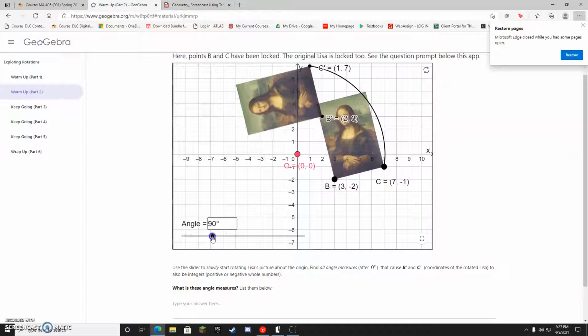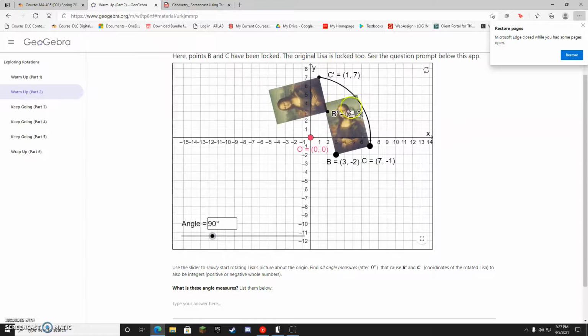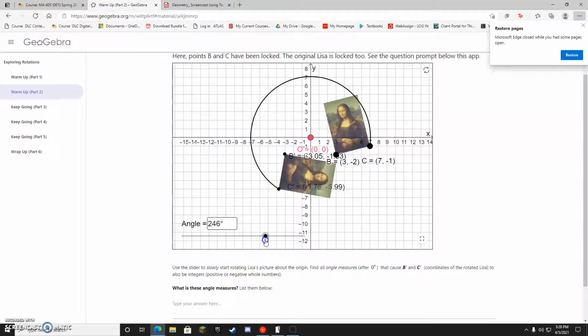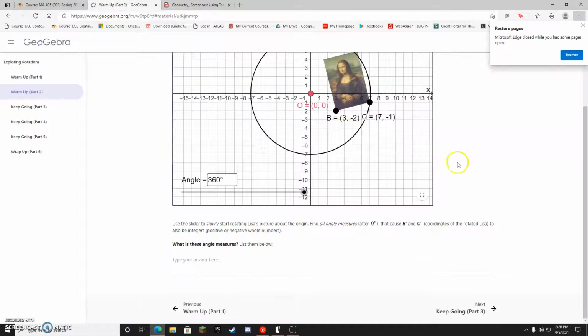So at 90, B prime, the image is whole numbers. Image, yeah. So if the pre-image is whole numbers, then at 90, 180, 270, and then 360 are all where the image is also whole numbers.